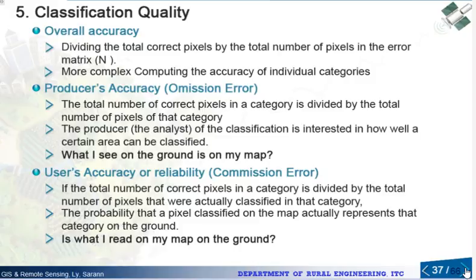So it comes up with the question: what I read on my map, is it on the ground? It means that when we see something in the map, is it those objects on the ground?